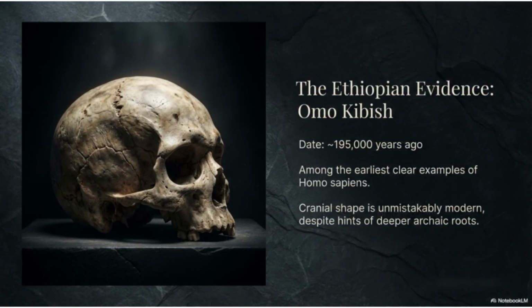Let's look at Africa, which provides the strongest evidence for the origins of modern humans. The Omo Kibish remains from Ethiopia, dating to nearly 195,000 years ago, are among the earliest clear examples of Homo sapiens. Their cranial shape is unmistakably modern, even though some features still hint at deeper archaic roots.